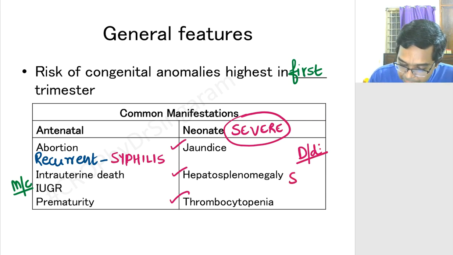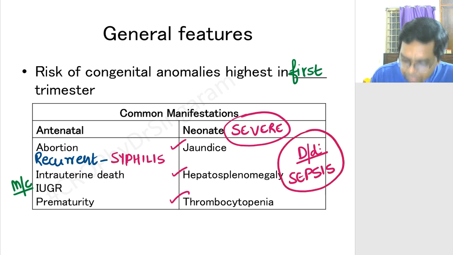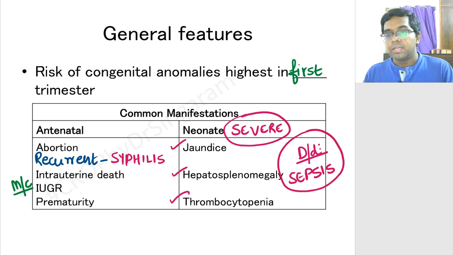It is sepsis. It is neonatal sepsis. So please remember, sepsis is one of the very important differential diagnoses for TORCH infection. That is why, while working up an infant for TORCH infection, you should also work up for sepsis in parallel, because that can result in the death of the baby also, right?